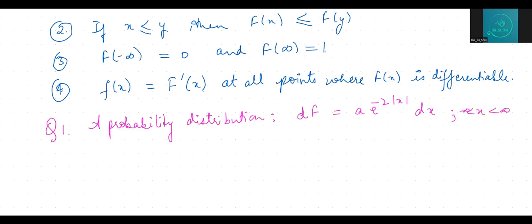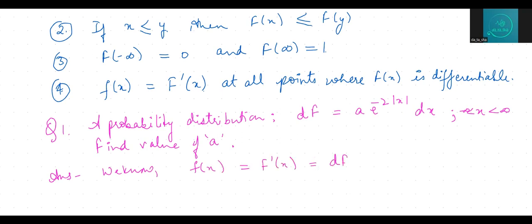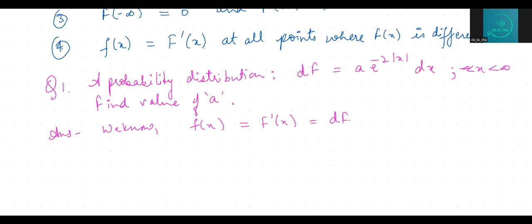We need to find the value of the constant a. So how will we find the value of the constant? As we have just studied the fourth property, that fx is the derivative of F, that means it is dF.